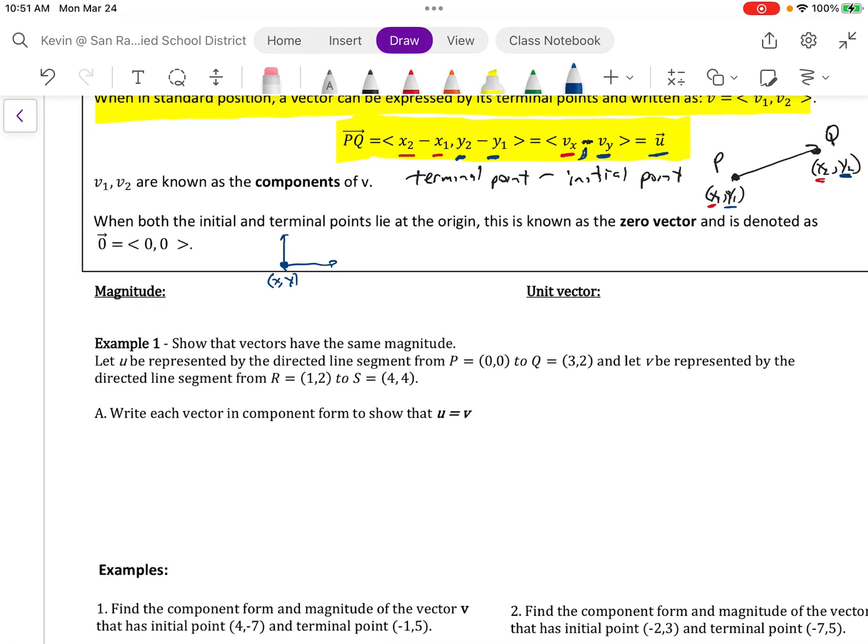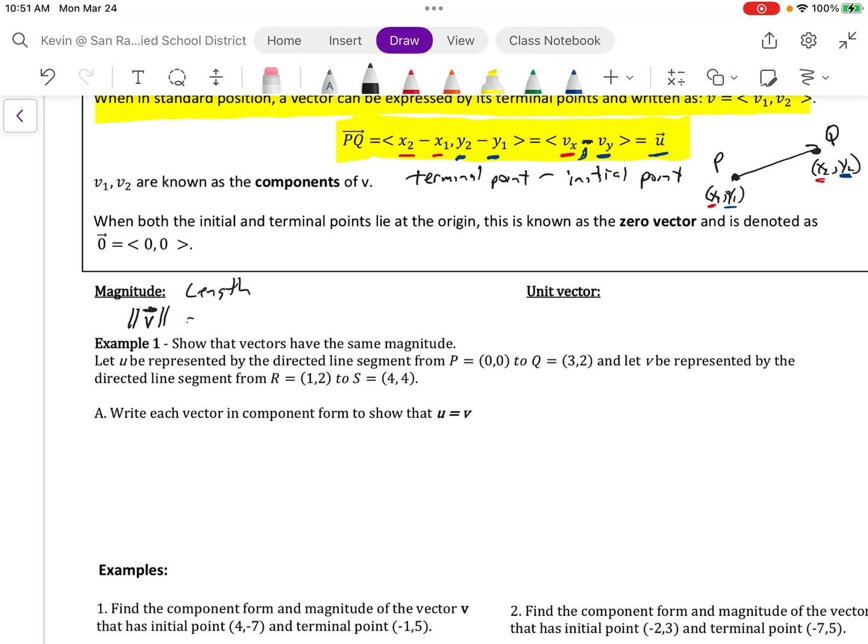Let's take a look at magnitude. Magnitude, as we talked about, is the distance, or the length. The notation for magnitude looks like a double absolute value sign, with V and the little arrow on top of it.